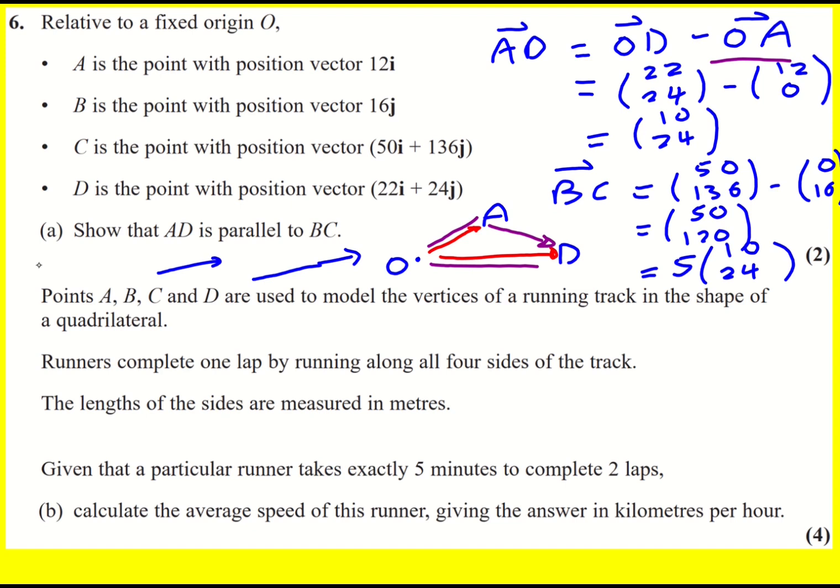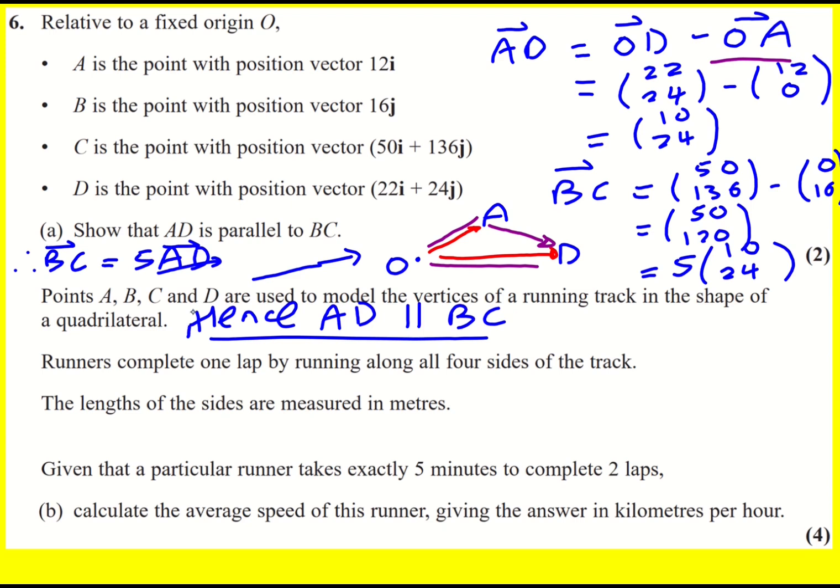Therefore BC is equal to 5 AD, or we could say that AD is a fifth of BC. Hence, I don't think we need to write any more, they are scalar multiples, it's implied. So hence AD is parallel to BC. Great.